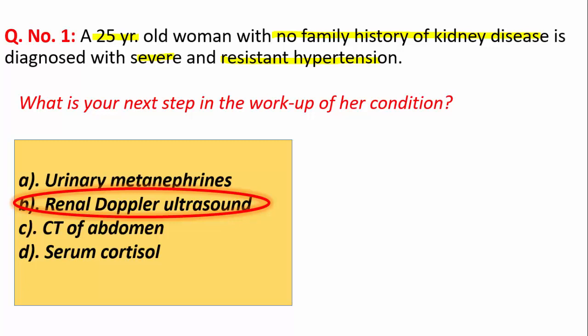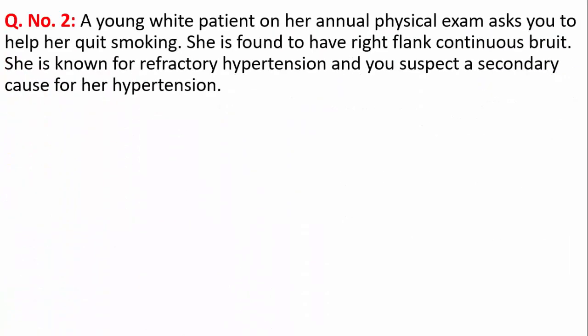Okay, the next question again: a young white patient, on her annual physical exam, asks you to help her quit smoking. She is found to have a right flank continuous bruit. So we know that the kidney pain is mostly in the flank region, and there we can hear the continuous bruit.